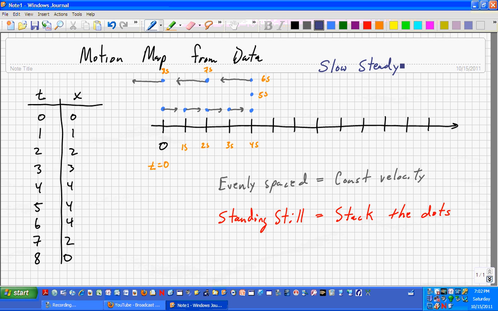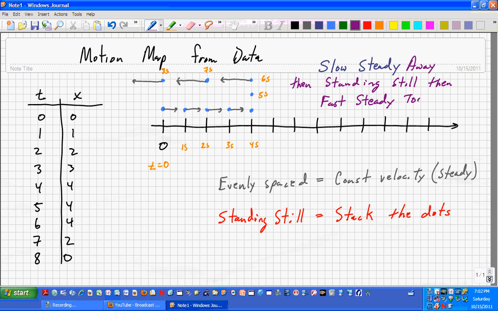Remember, steady indicates constant velocity. Slow, steady, and then the direction here is away. So that's the first part of the motion. Then it stands still. Then it moves fast, but steady. It's still at a constant velocity towards.